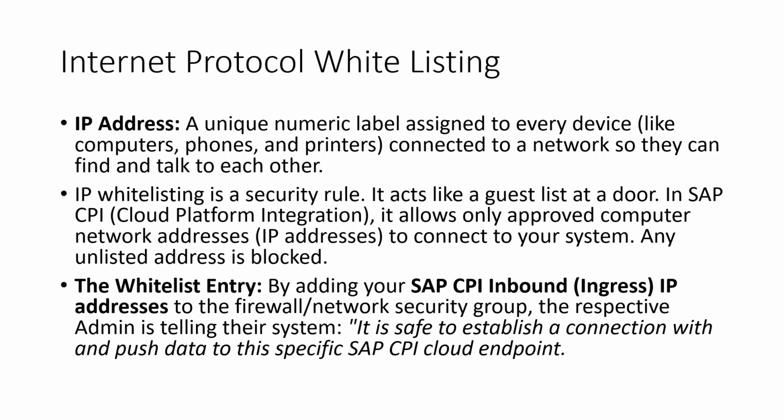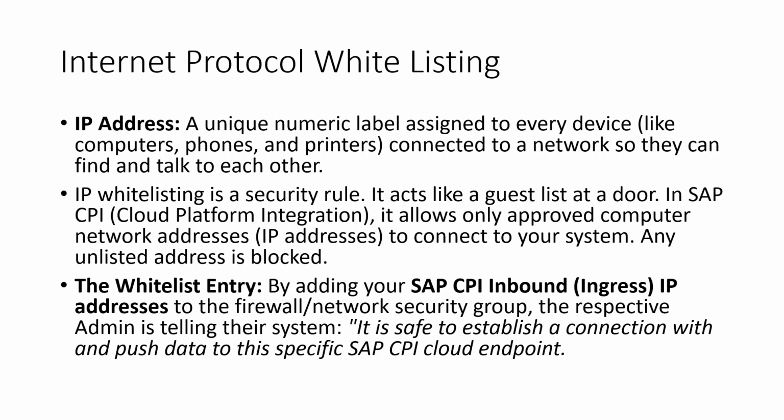Now what does it really mean with respect to our CPI? Imagine a scenario where you are connecting to a public network application where your sender is behind a strict firewall, meaning that they cannot connect to any application until they have allowed your system's IP address.